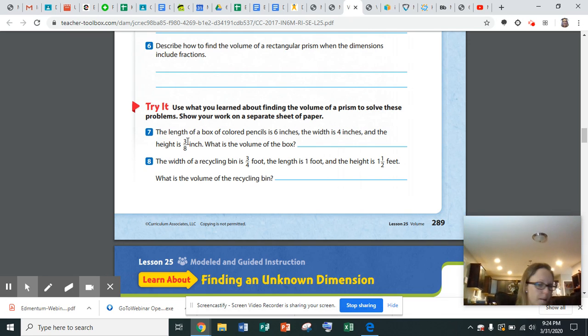All right, number 8. The width of a recycling bin is 3/4 foot. The length is 1 foot and the height is 1.5 feet. So again, you have 3/4 times 1 times 1.5. Now we know when we multiply anything times 1, it is that number.